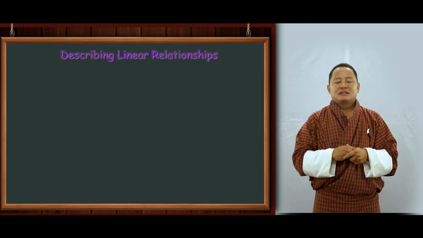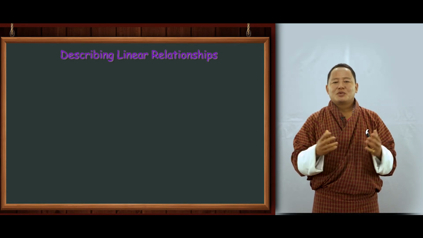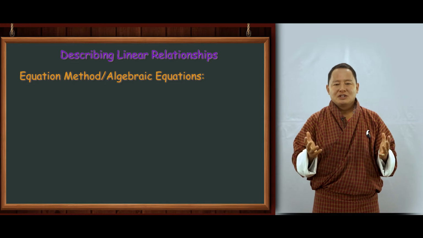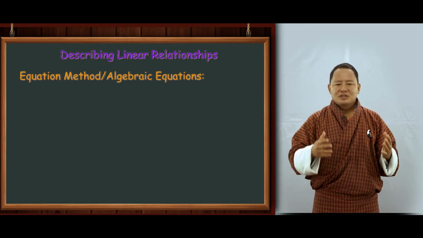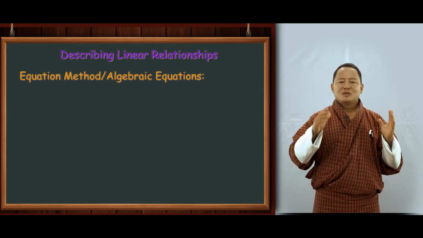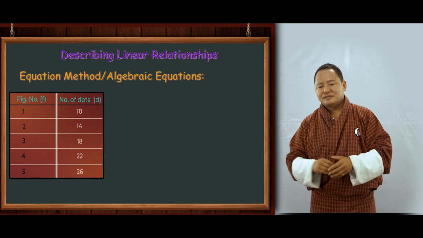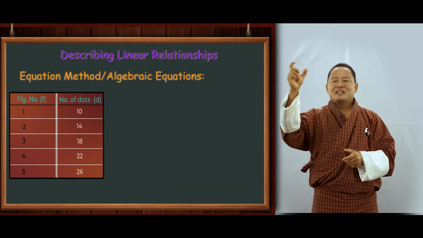Now the last and third method is also called the equation method or algebraic equation, which is very, very important. So let us have a look at it. Before I talk about it, can you please look at the table? The same table that we discussed earlier is being transferred here.